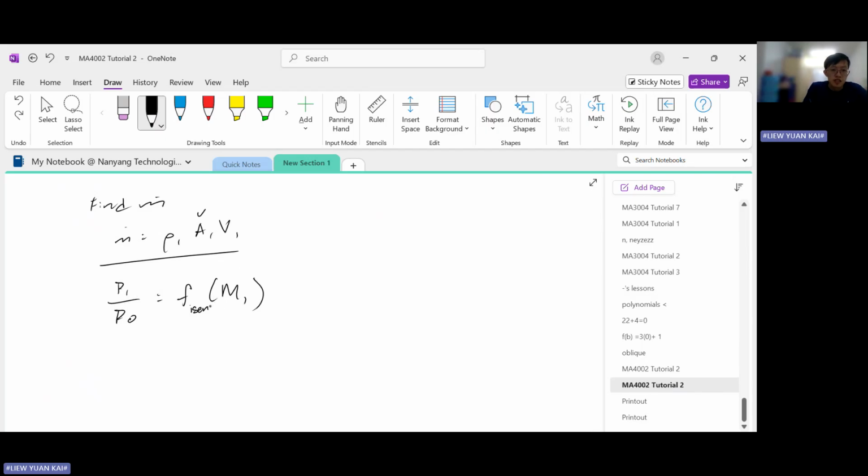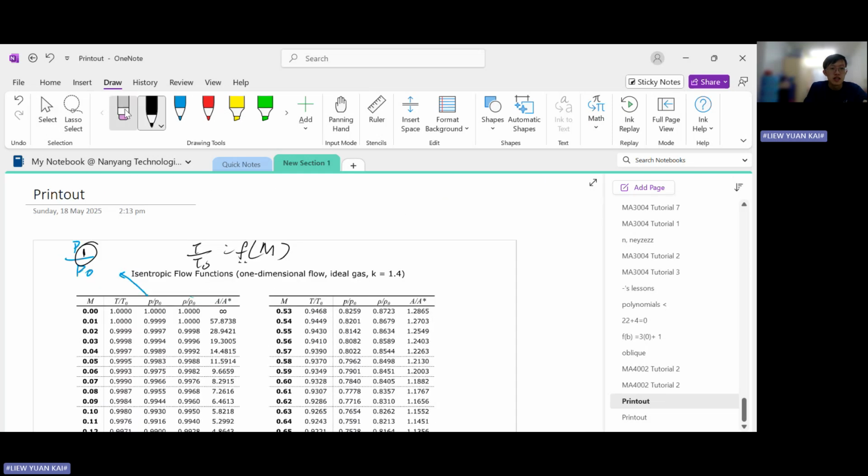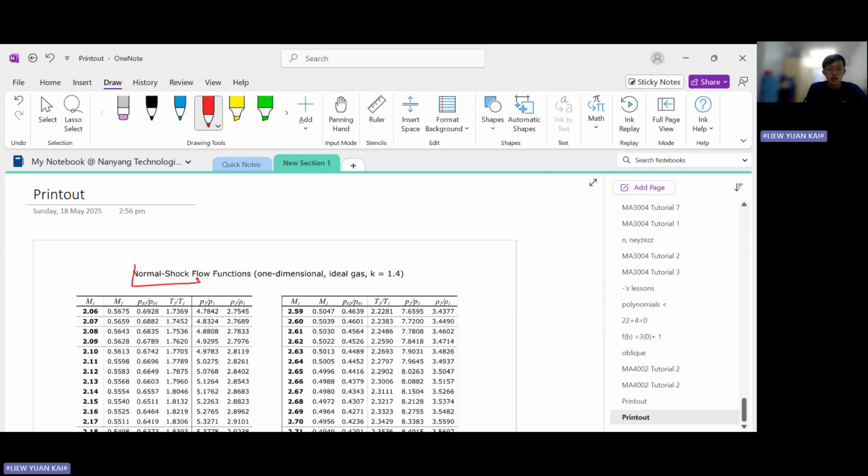So why do I need to write Eisen down here? Because there are different types of flow function tables. The one I showed you here, look at the title. It says isentropic flow functions. Let me show you a different table. How about this one? This one says normal shocks. So different tables have different functions.